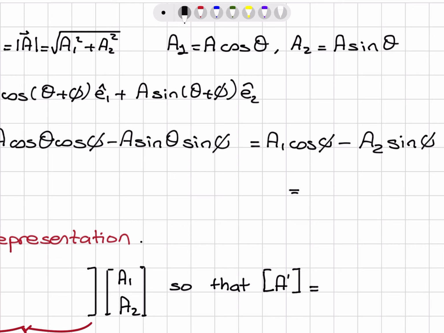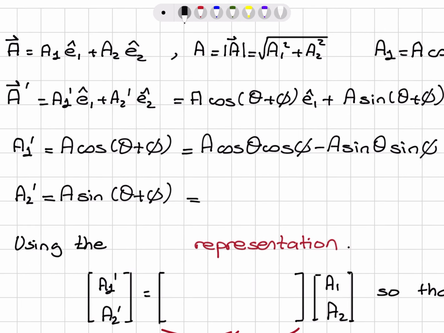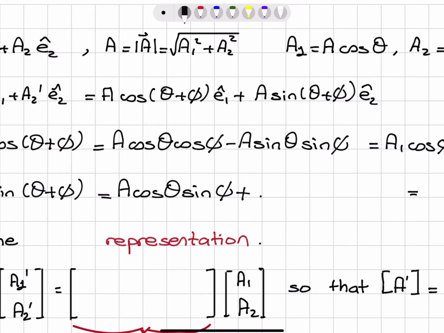And for the projection onto the second axis, I have sine of theta plus phi, so that is A cosine theta sine phi plus A sine theta cosine phi. So that's sine theta cosine phi plus cosine theta sine phi.